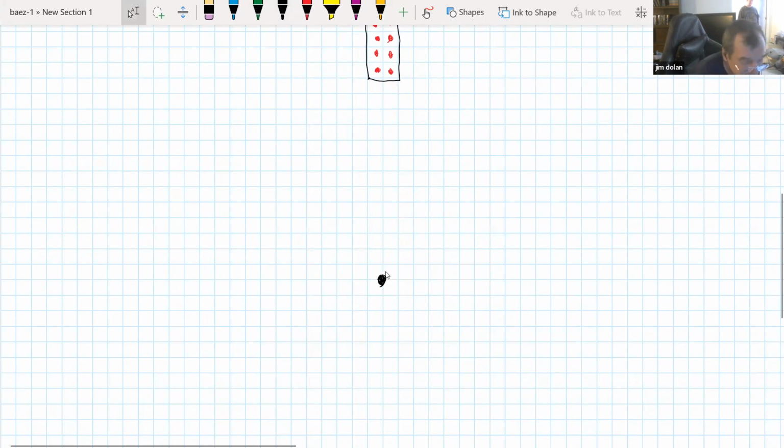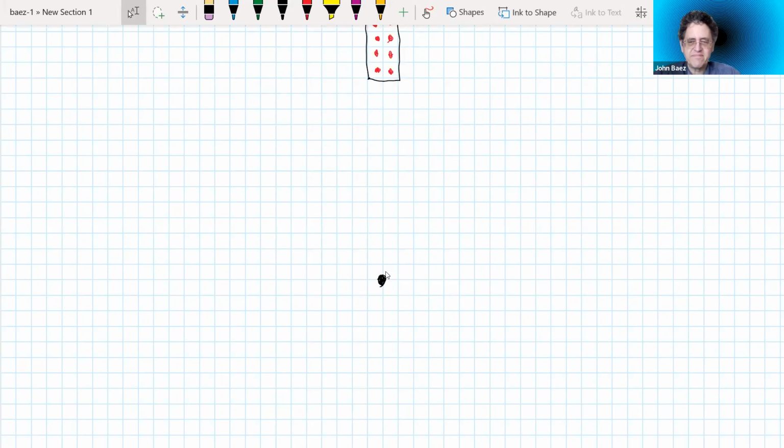I guess the grid is already pre-drawn. It's just the graph paper. The lattice is the grid crossing points of this graph paper.